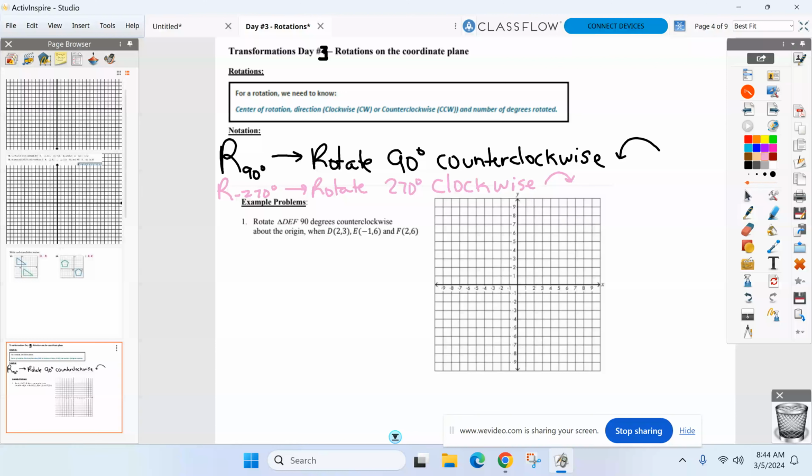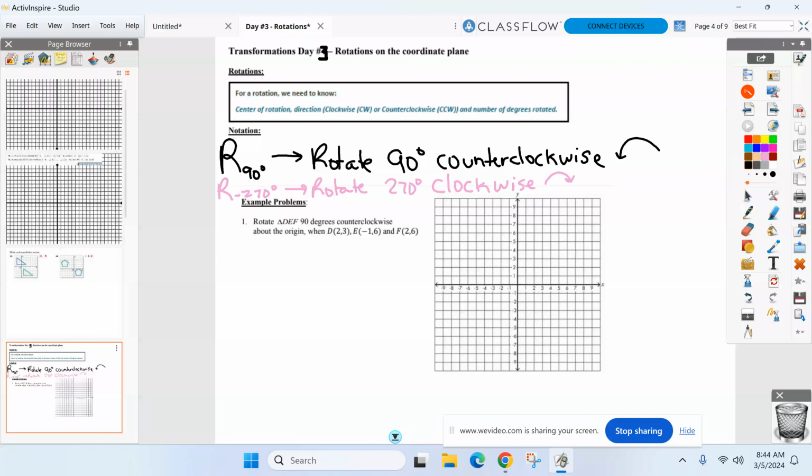So positive, we rotate to the left, counterclockwise. Negative, we rotate to the right, clockwise. Or it'll just come out and say do it counterclockwise or clockwise, and I don't have to worry about whether it's positive or negative.